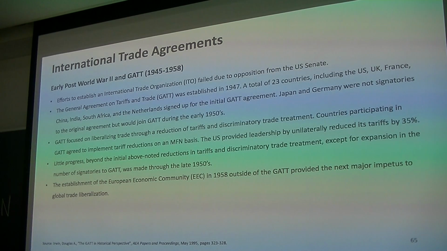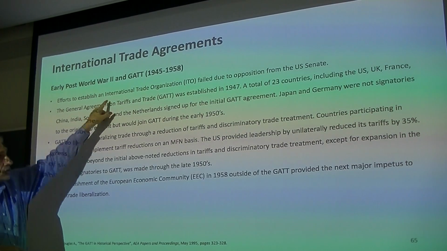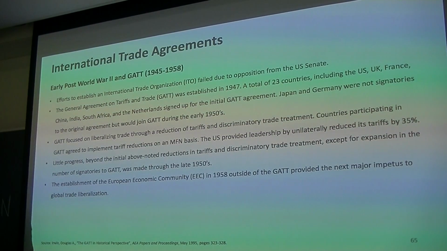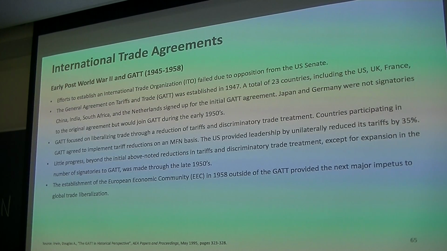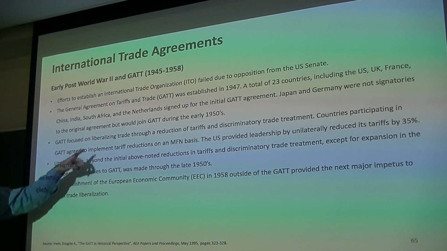But at the end of the war, the world finally was at peace again, and as part of that, there was an effort to establish an international trade organization in the early post-war period. This failed due to opposition in the United States Senate.